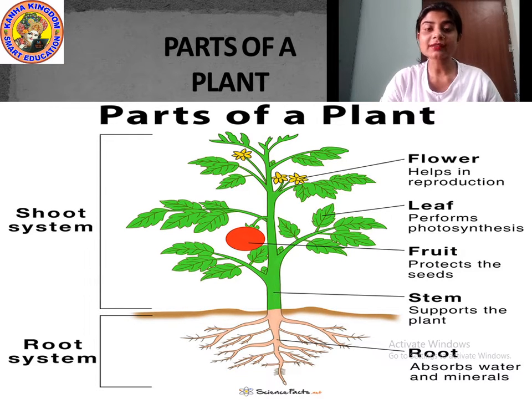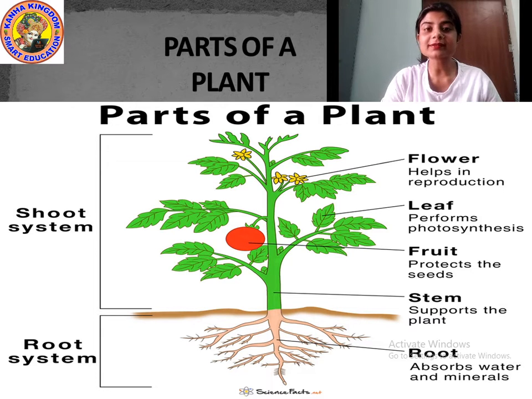The essential nutrients that are in the soil. The root absorbs all the essential nutrients from the soil like water and minerals for the plant to grow. Understood? The function of the root is to absorb water and minerals from the soil that is essential for a plant to grow. Understood? Then stem.